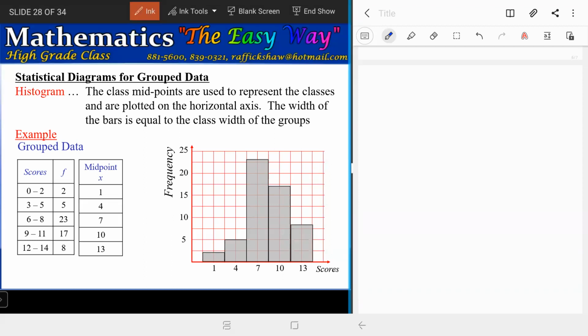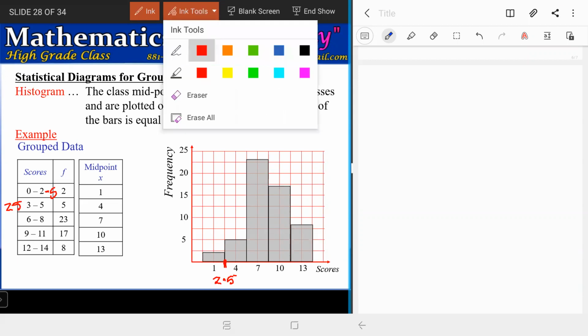But in terms of boundary values, this boundary, draw it in red, is 2.5. This one ends at 2.5, and this one starts at 2.5. Right?